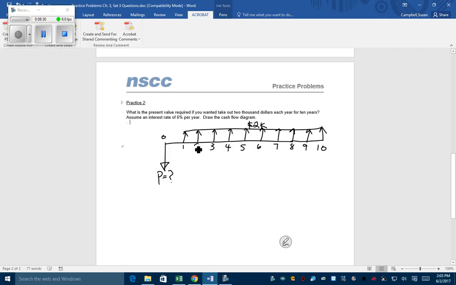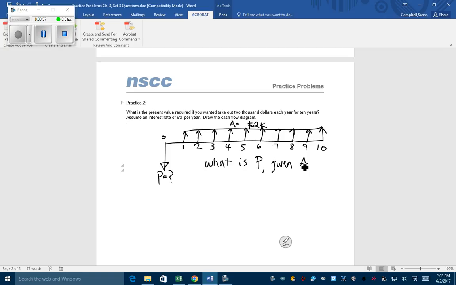So I'm looking for a present value. What is P given the equivalent amount, $2,000? So I have A and I want P. Let's look up the formula for that. I know that there's two ways to do this.